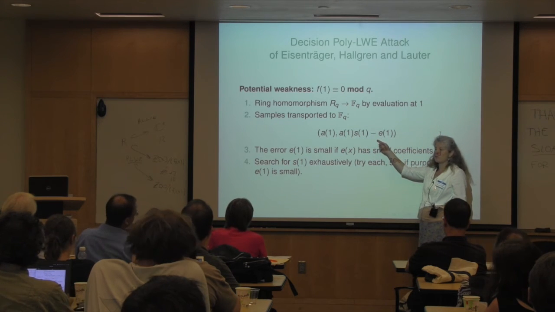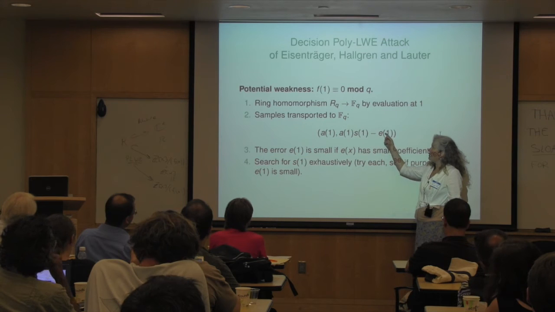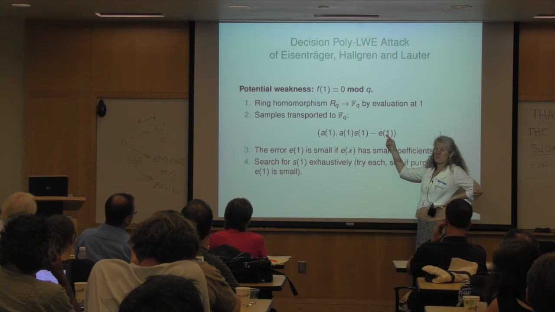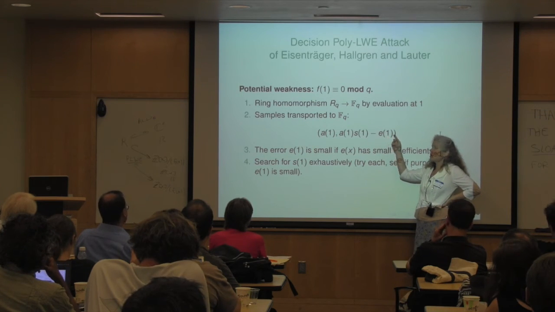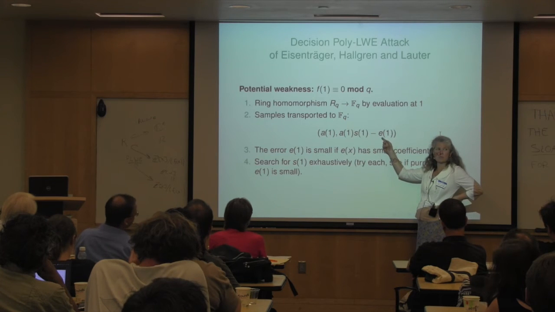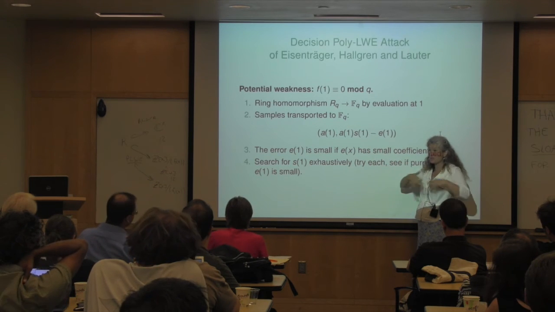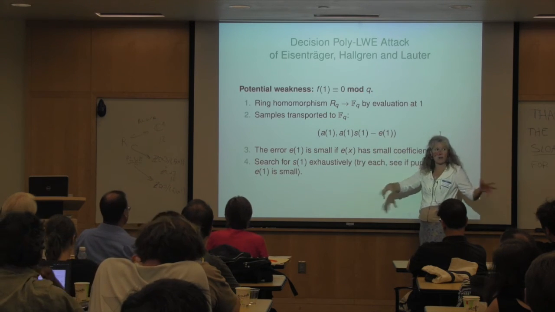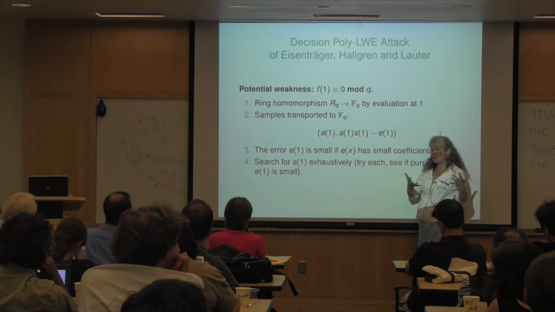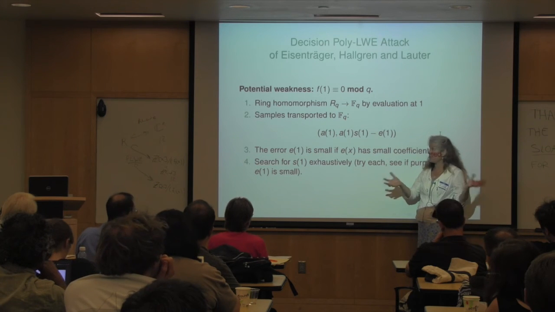E has small coefficients, and E is a polynomial that gets evaluated at alpha. Well, this looks totally hopeless to distinguish from uniform, right? Because you've got all of these powers of alpha all the way up to alpha to the n, mod q. It just gets all over mod q. You're trying to distinguish from uniform, right?